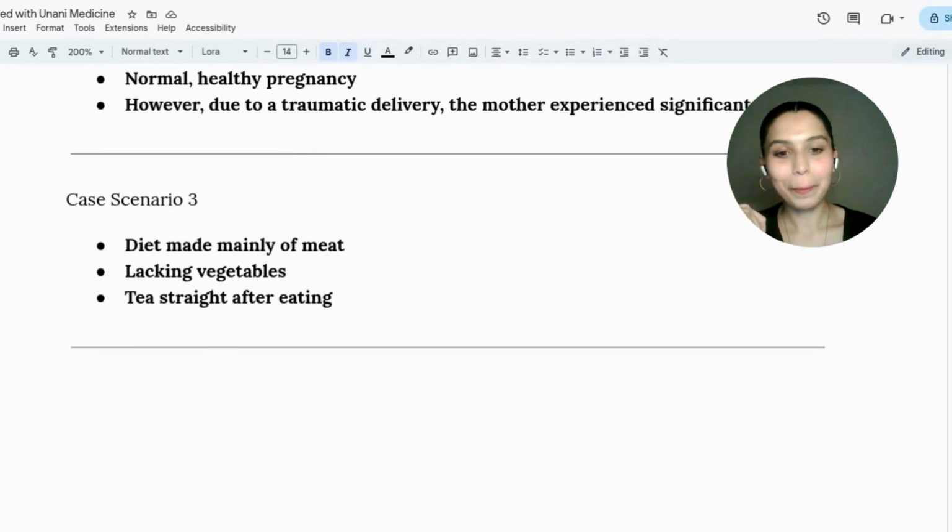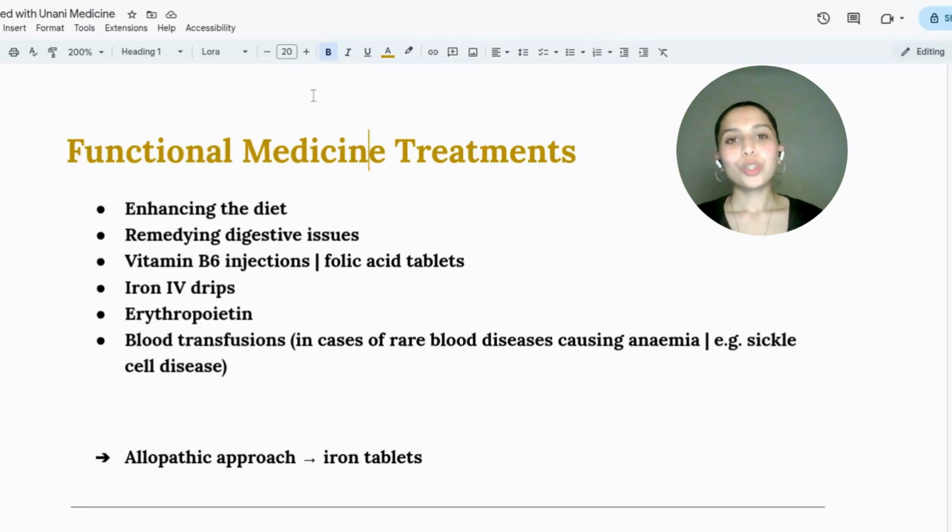So we talked or laid down the nutritional groundwork. So other treatments would be as follows. So of course, enhancing the diet, we've mentioned that in detail. Second, it would be remedying any digestive issues.